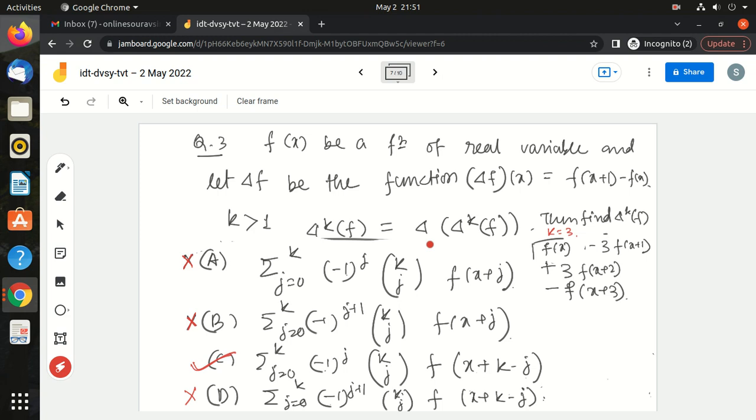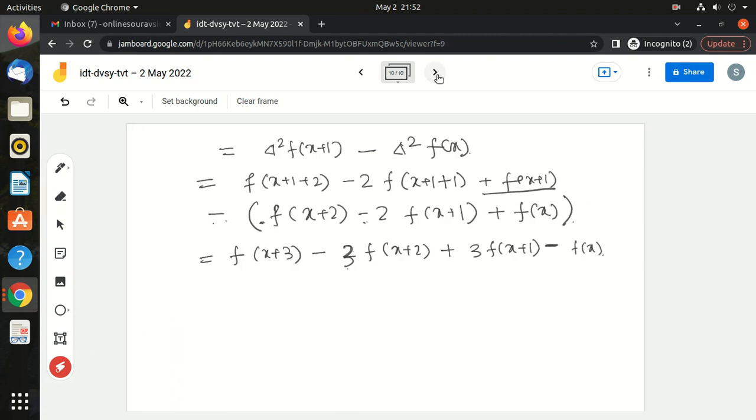Delta to the k of f of x is the summation j equal to 0 to k, minus 1 whole to the power j, k choose j, f of x plus k minus j. Okay, so let me prove it.